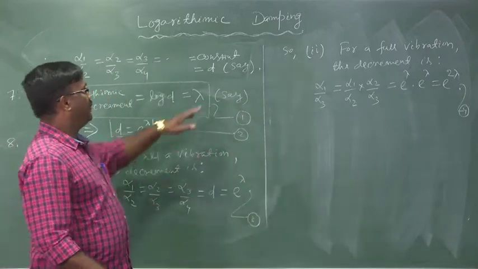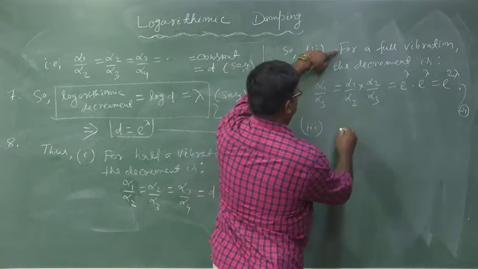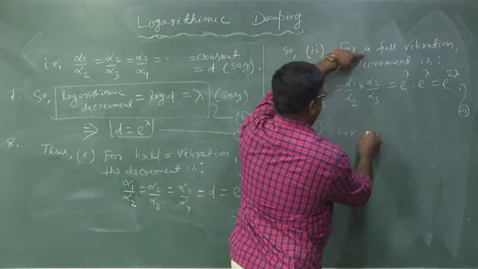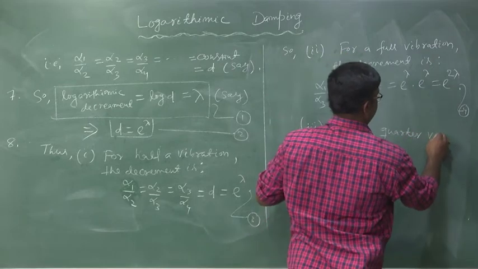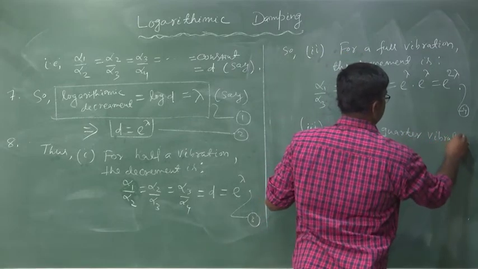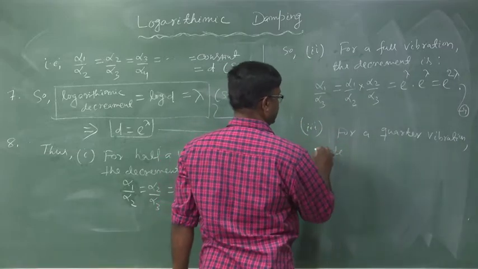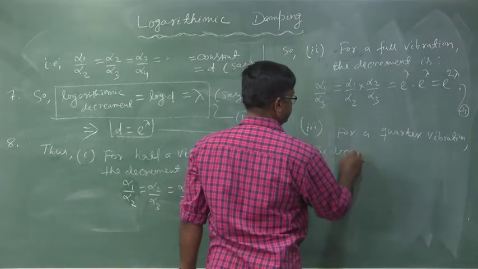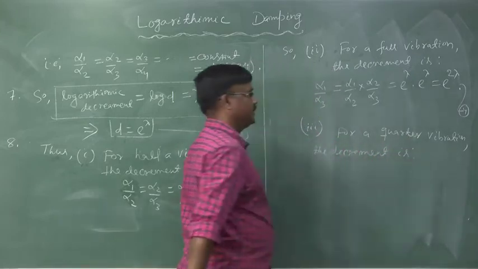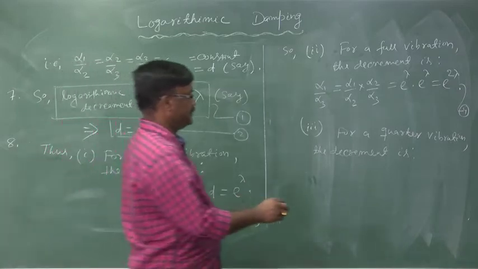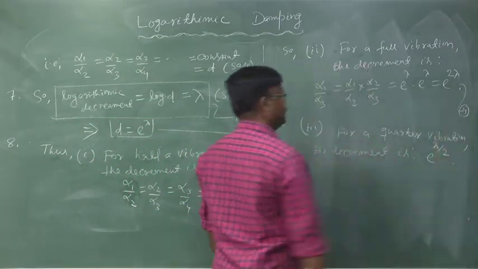Similarly, for a quarter vibration, the decrement is e to the power lambda by 2.